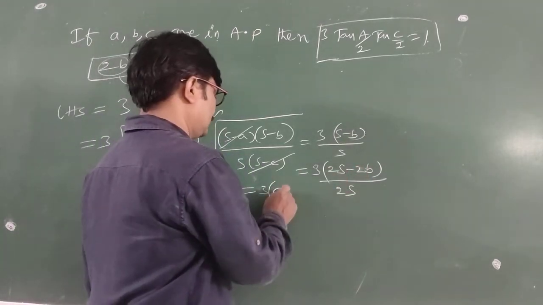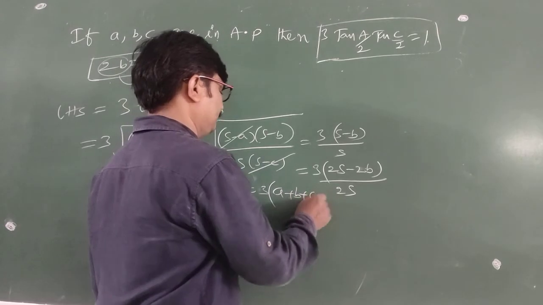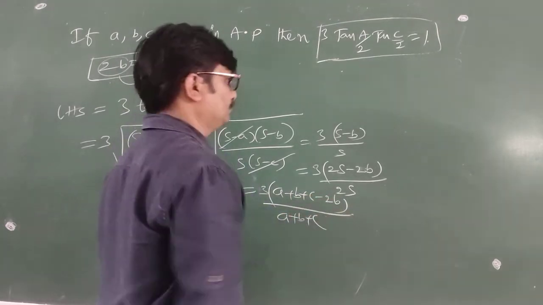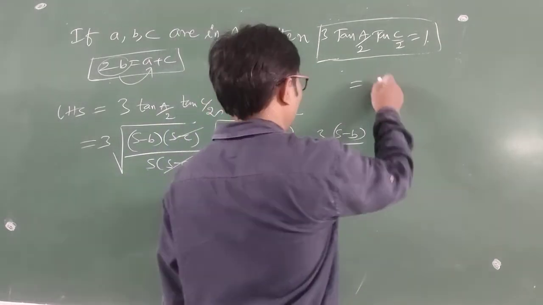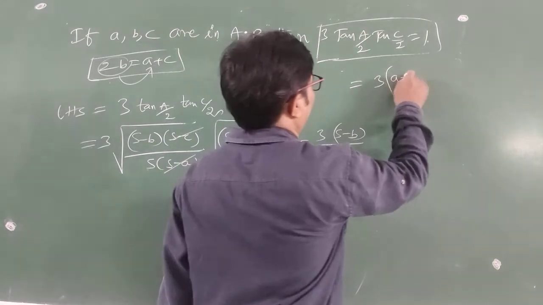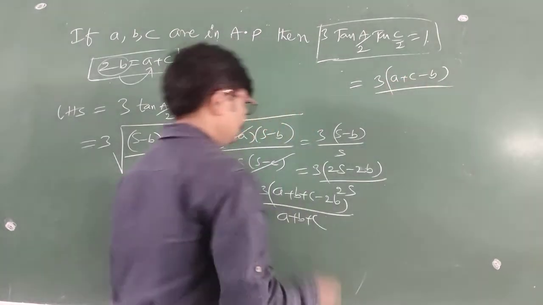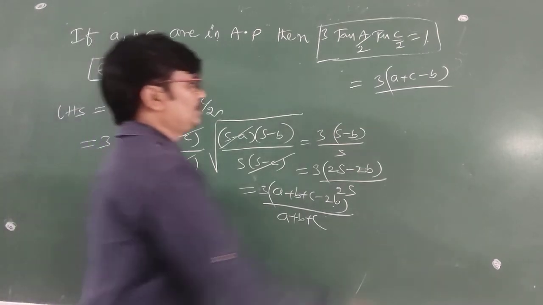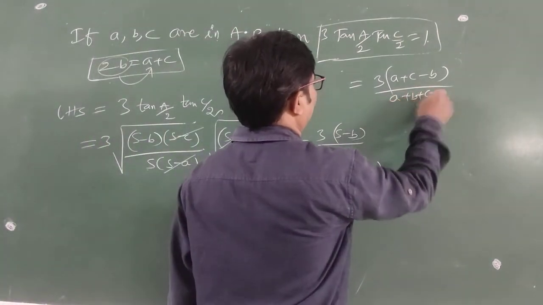The 2S is nothing but A plus B plus C, minus 2B by A plus B plus C. So students, this we can write as A plus C minus B plus B minus 2B minus B, upon A plus B plus C.